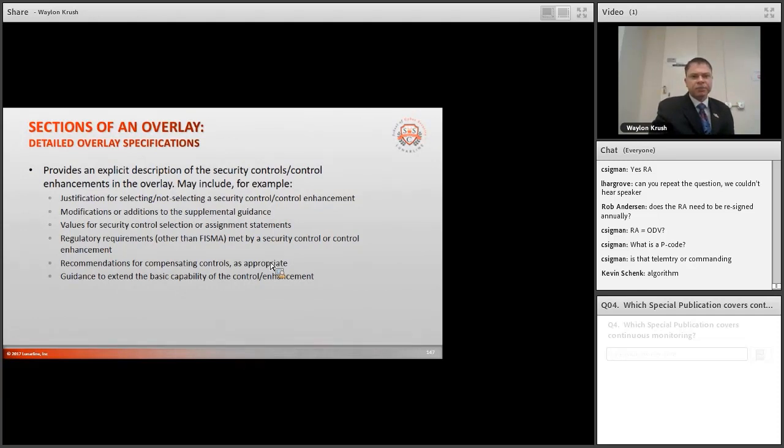So here's a detailed specification, justification for not selecting. If you don't select a control, I will admit that this is actually one of the more difficult things. Then you have to specify why you're not selecting it.